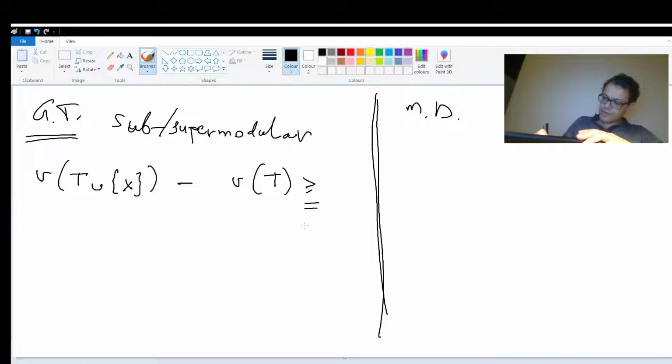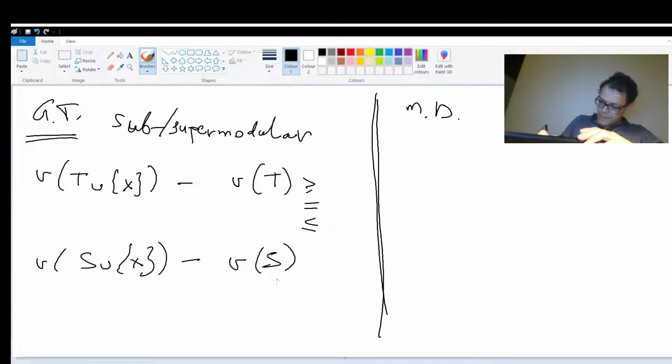Is it going to be equal, or is it going to be smaller or equal to the growth that another coalition S would have undergone from the same agent when we assume that T includes S? We can even say that it strictly includes S. Includes and is not equal.